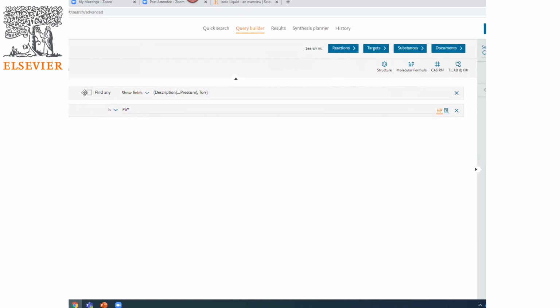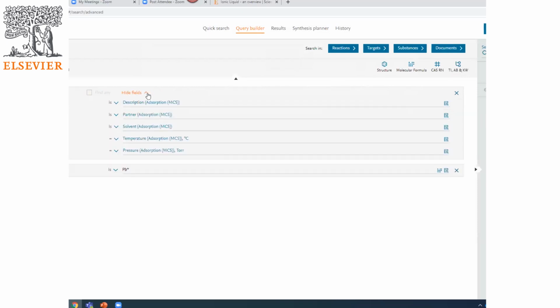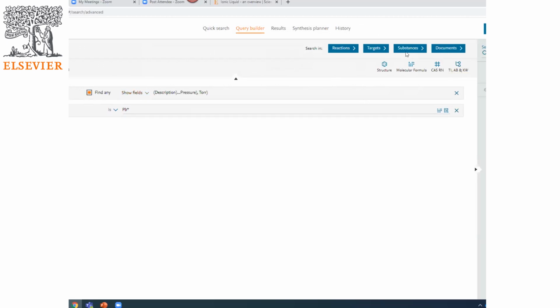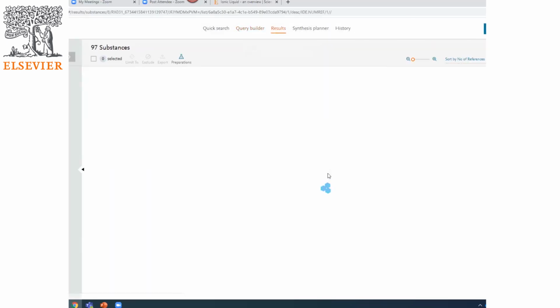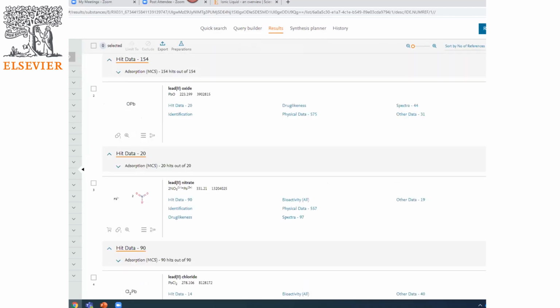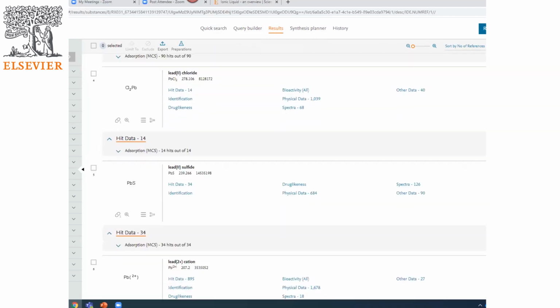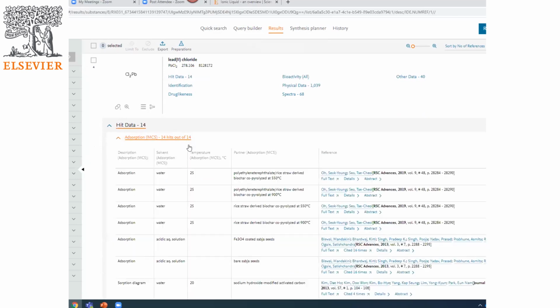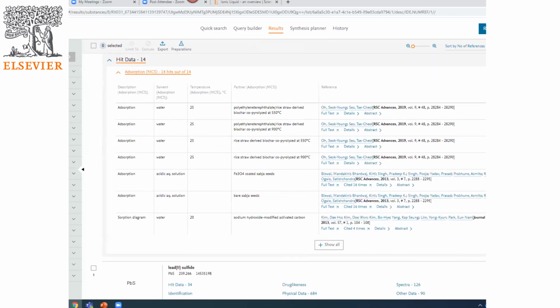And also you can use this one, any kind of adsorption data. With this, you can find the information about adsorption of about 100 lead derivatives. So for example, this one, and it's very detailed.